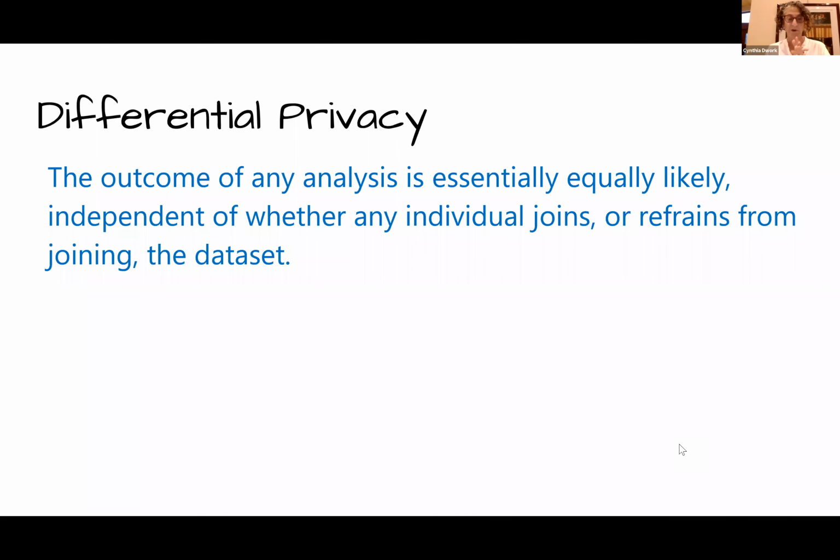So we capture this nuance with the term "essentially equally likely" in this English language definition of differential privacy. It says that the outcome of any analysis is essentially equally likely, independent of whether any individual joins or refrains from joining the data set. So the same thing when Payne is there, when Payne goes away, if Payne is replaced by Pelosi, and so on. And this resilience to small changes in the data set actually aligns well with generalization in machine learning.